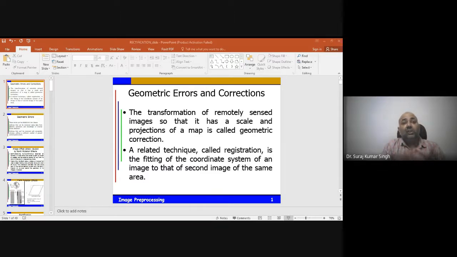Whatever error was in your input image will be transferred into the output image, and finally you will have an error-ridden classified map. If the classification error is on the poorer side, even if you have classified the satellite image and identified the objects, the accuracy is poor, so nobody is going to accept the data sets.